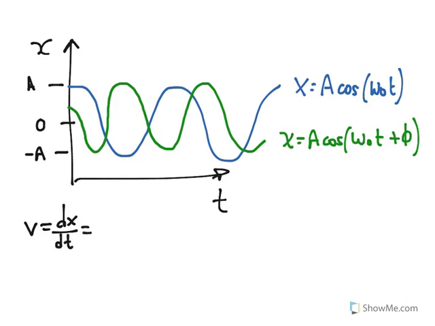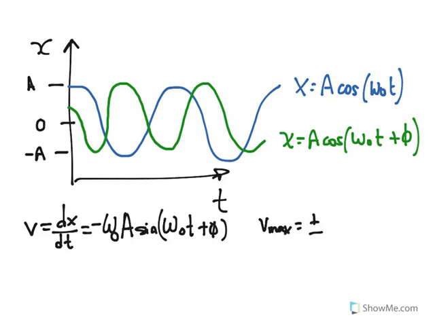So this is going to be minus A sine of omega 0 t plus phi times omega 0, which is the derivative of the argument of sine. Being the maximum velocity plus minus omega 0 times A, when the sine is maximum at 1 or minus 1.